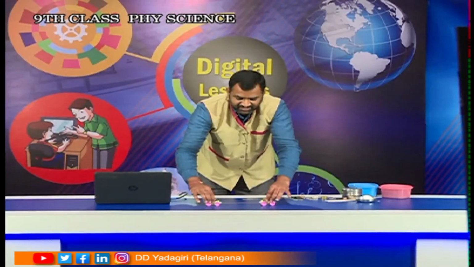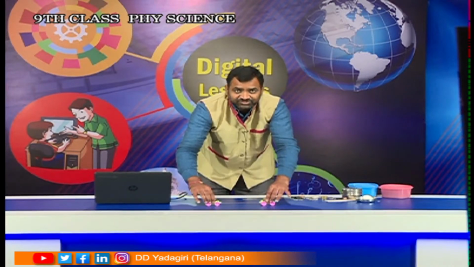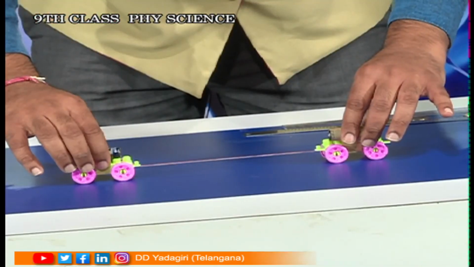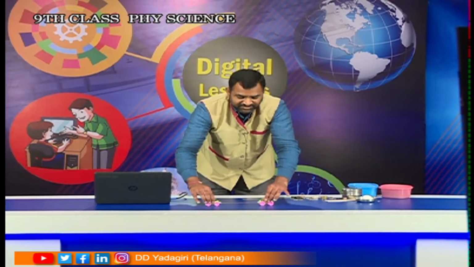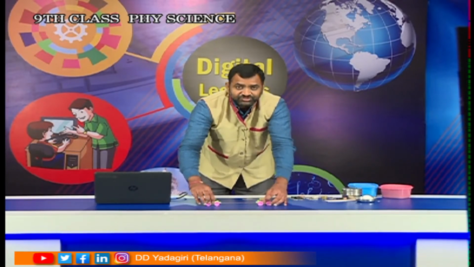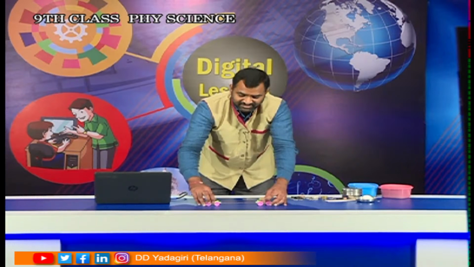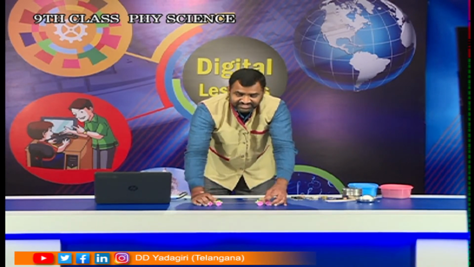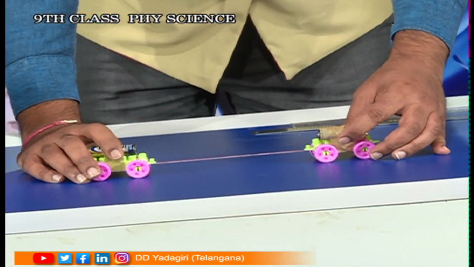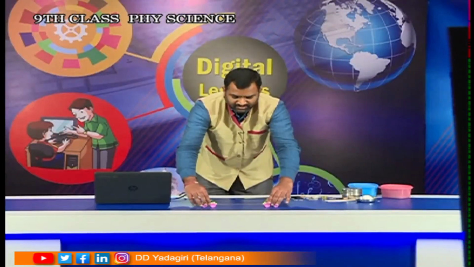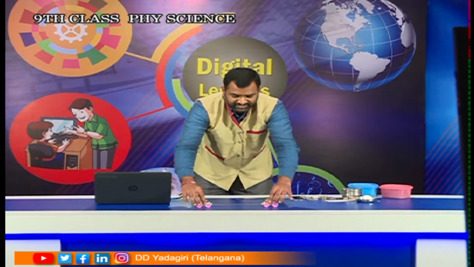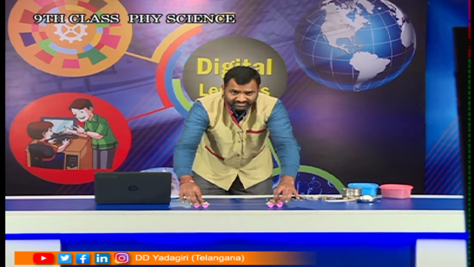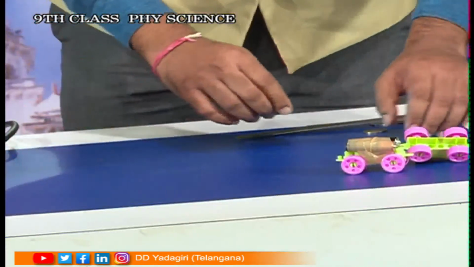So, if I stretch and release, what should happen? Because this object has greater mass, it should accelerate less, whereas this object which has less mass should accelerate more. I am going to release these two. Yeah, there it is.